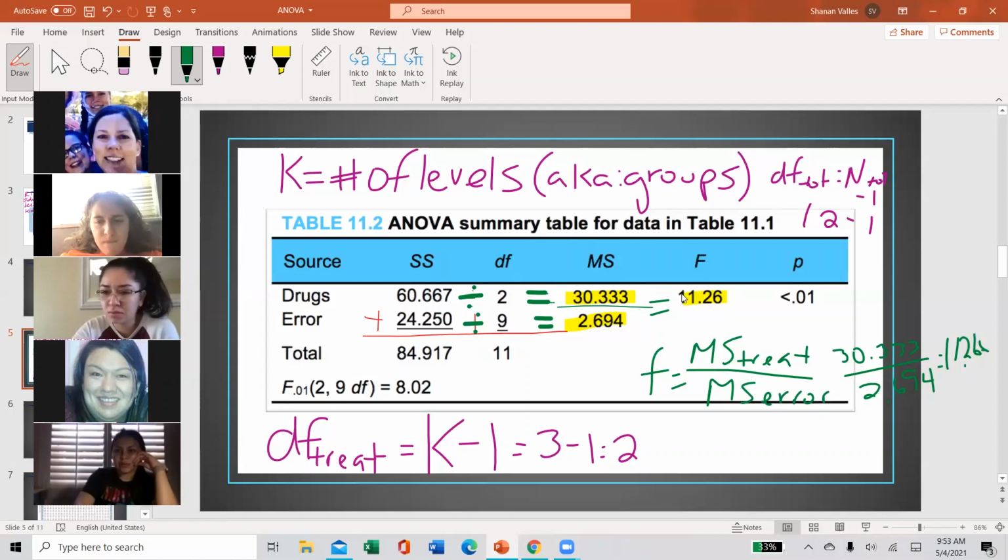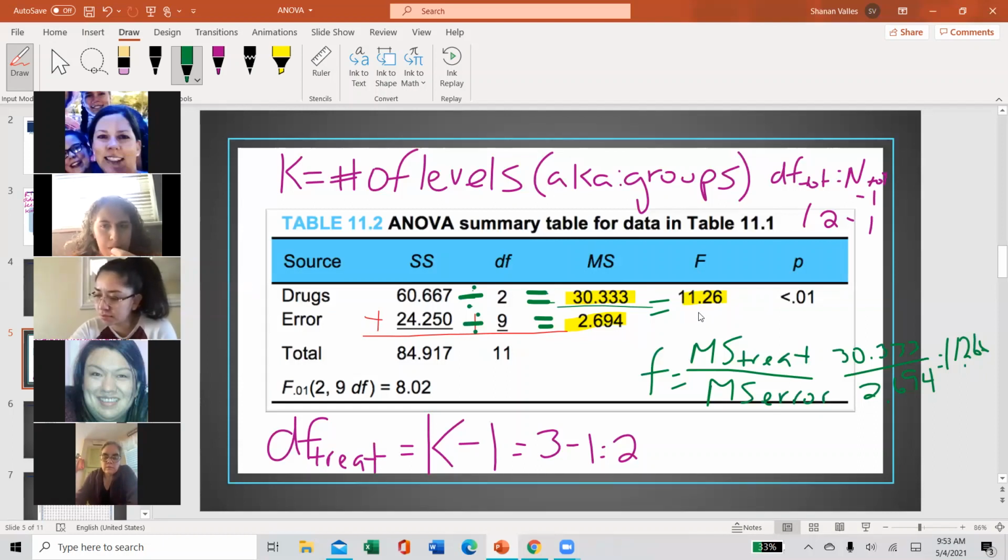Now F is like our T. When we got our T value, we'd do the drum roll and see if it exceeds our critical value. This is F, so this is kind of the end of it, where we see if it is significant or not.